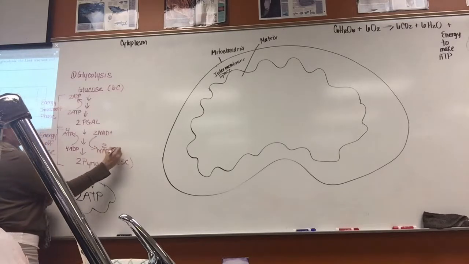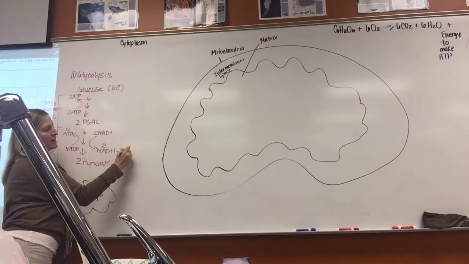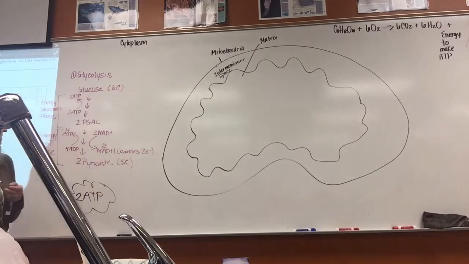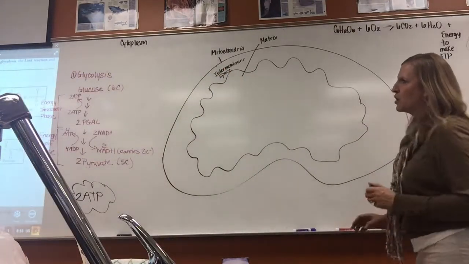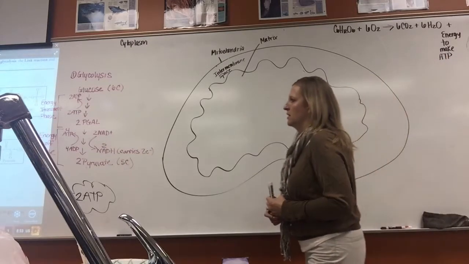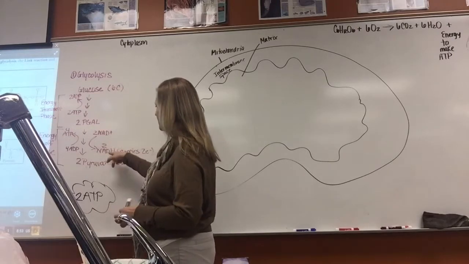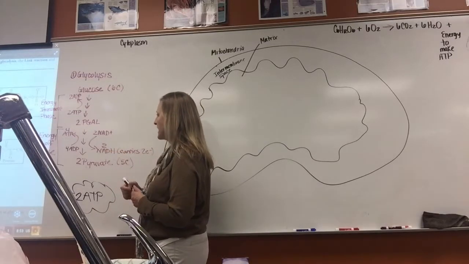And all NADHs carry, I'm going to put here, carries 2 electrons. So we talked about that also in the notes. The 2 electrons were once part of glucose. All right, and so it takes 2 hydrogens and makes the 2 NADH. So these are electron carriers.